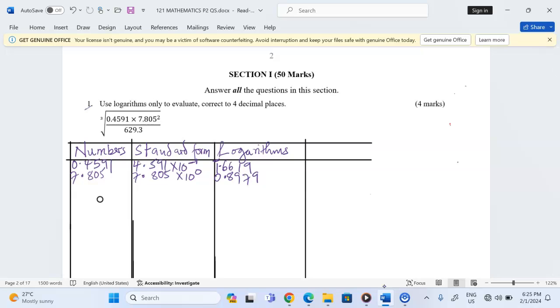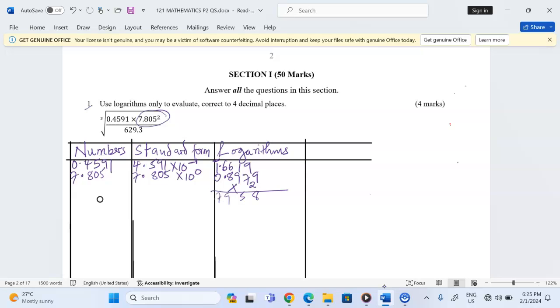Because the number has been raised to power 2, we multiply the logarithm by 2. By 2, 8; by 2, 14, plus 1, 15, carry 1; by 2, 18, plus 1, 19, carry 1; 16 plus 1, 17, carry 1.